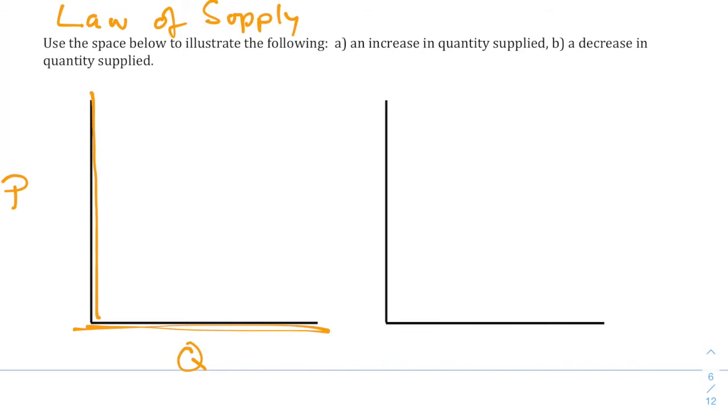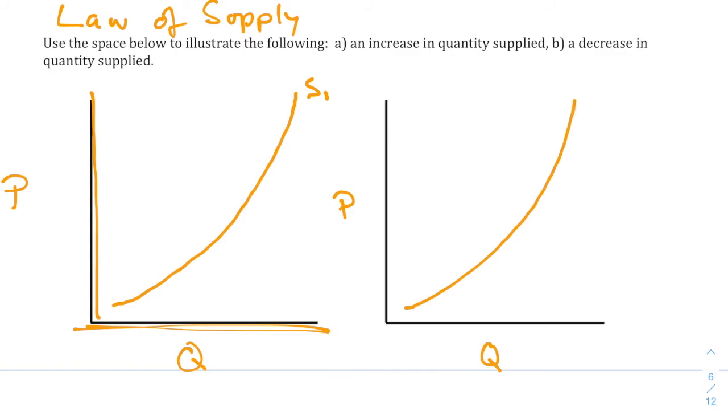So that means that you draw this, and I'm going to label over here, because they're both supply curves. A decrease in quantity supplied, an increase in quantity supplied. There it is. Now, with the first one, A, you want an increase. So which way should you go on your quantity axis?